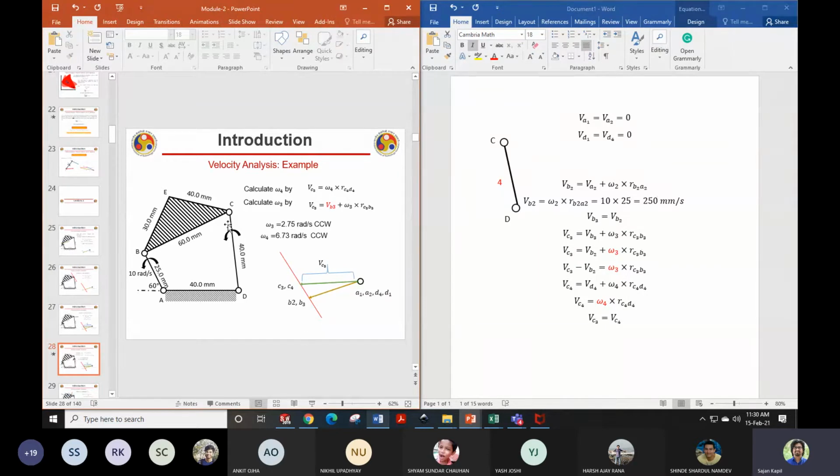Now let us assume the same thing for body BC also. Assume that it is also counterclockwise. That is my assumption. If it is counterclockwise, then again I know the position vector of C with respect to B, and the velocity of C with respect to B also I know.